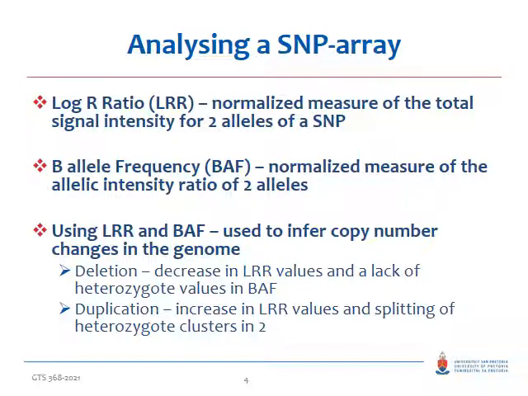The following analysis will be seen on a SNP array: the log-R ratio and the B allele frequency. The log-R ratio is defined as the normalized ratio of the two signal intensities for the two alleles of a SNP, which in simple terms is the signal intensity of both spots, and a normal log-R ratio of 0 corresponds to a normal diploid copy number.